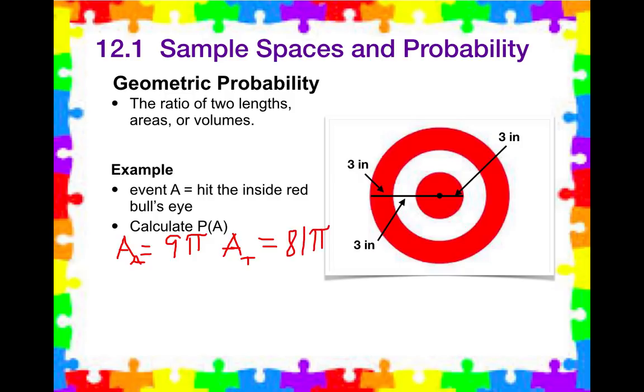And if I want to find the probability of hitting in area A, which is the bullseye, that's going to equal 9 pi divided by 81 pi. And that is going to be 1 out of every 9 shots if I was to be completely random.